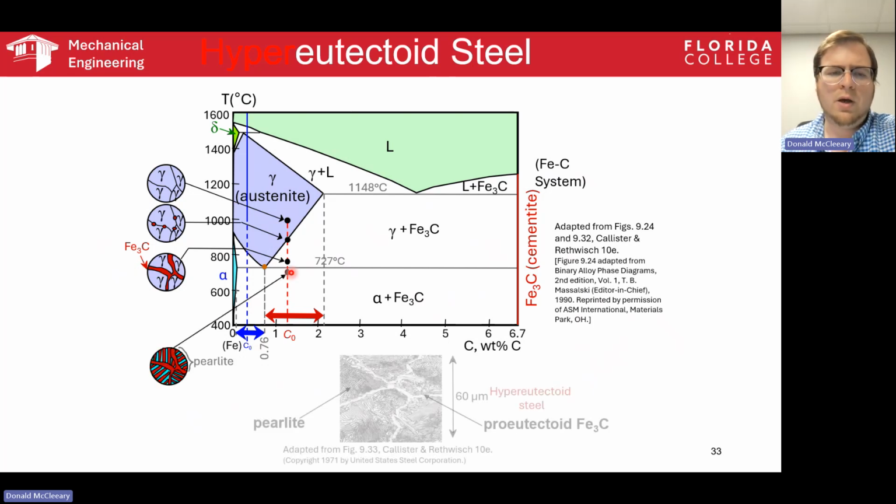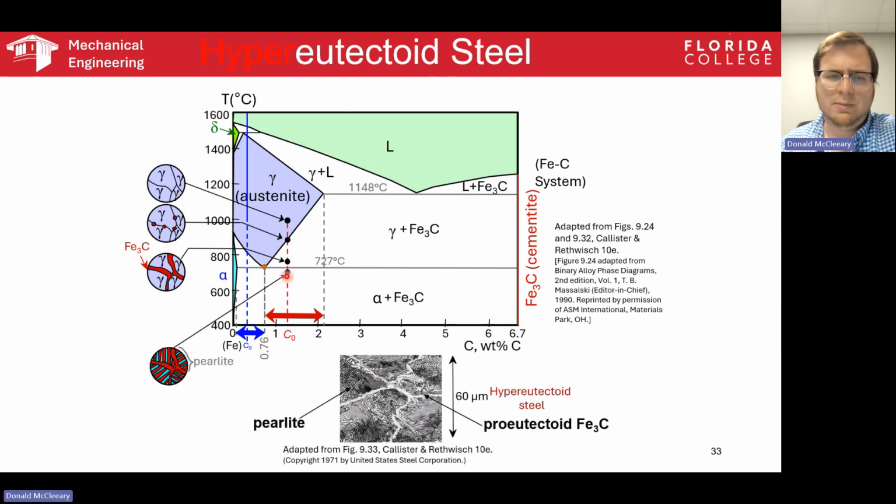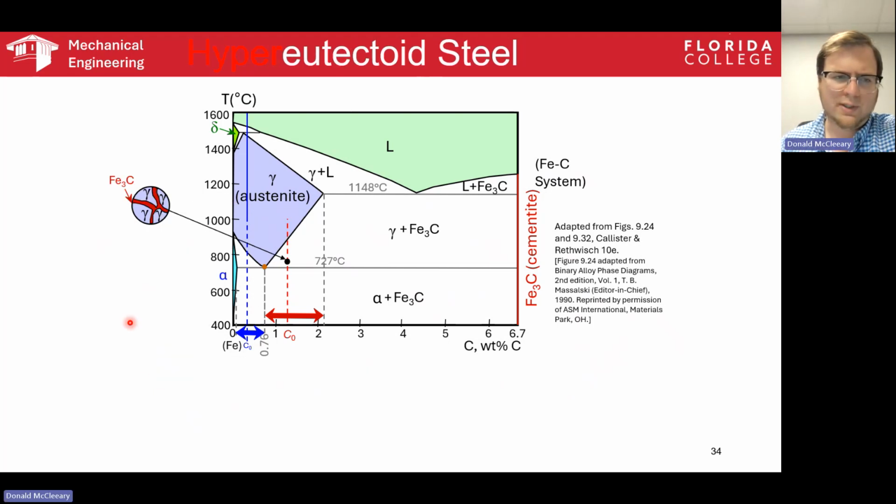And now once we go below our eutectoid temperature, we start having pearlite. Now notice the cementite lines that form here stay, actually. So you'll notice that. But now you start getting these alternating lines of cementite and your alpha phase, which is pearlite.